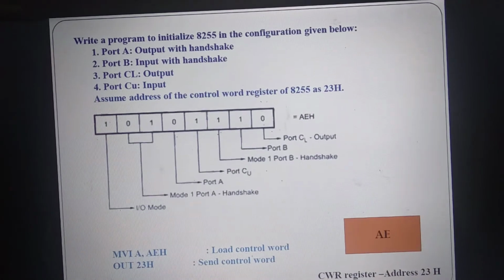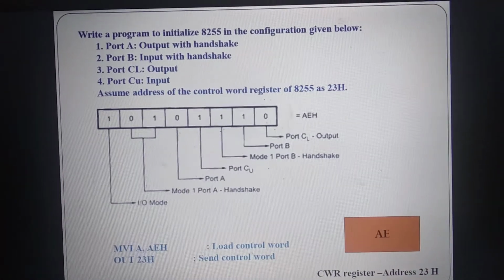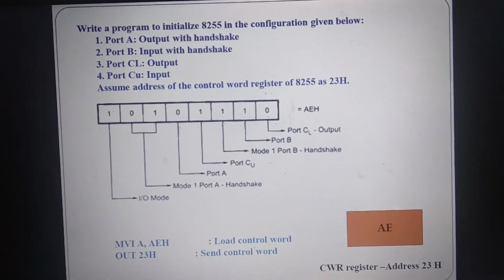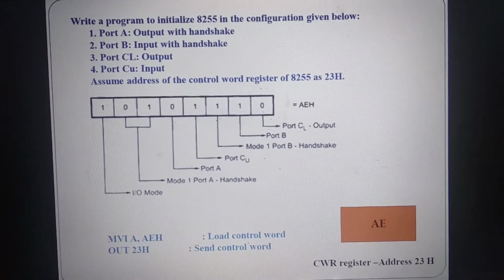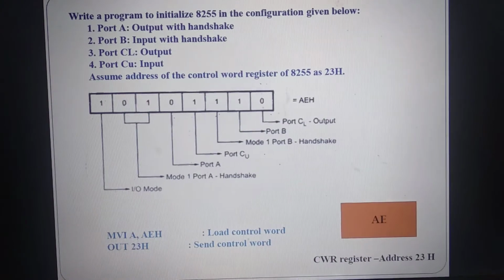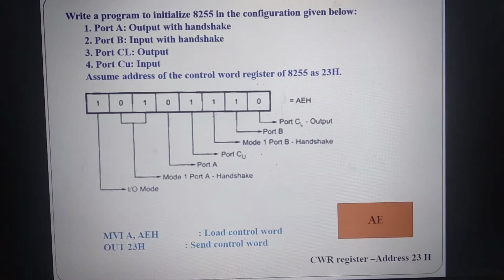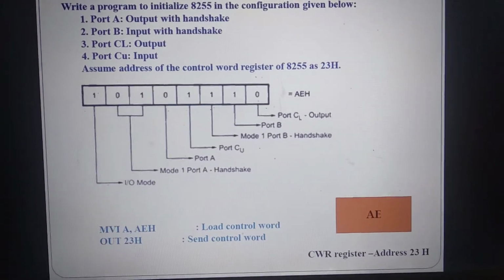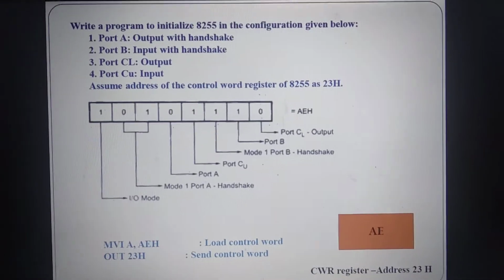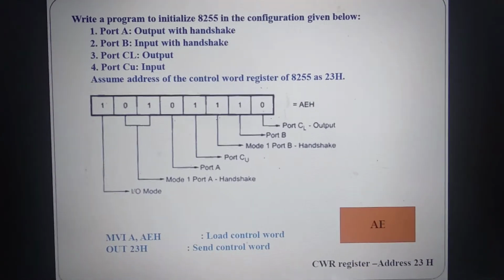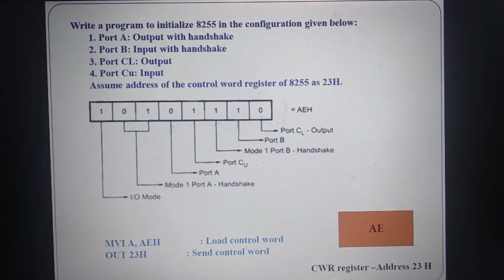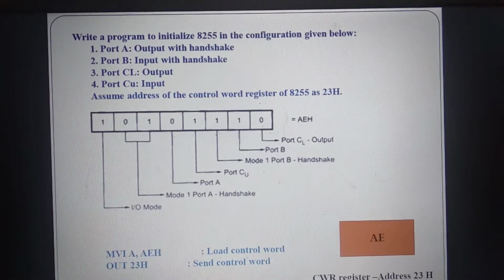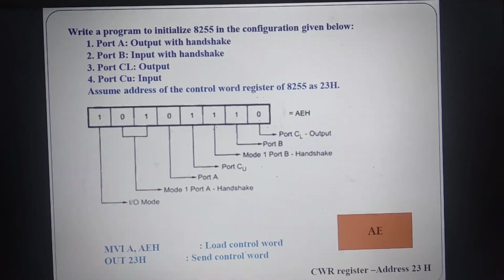Now we can see some additional information is given here, that is, without handshaking, which means handshaking is needed in mode 1. So when you go through the other details of the mode operation part, there you will see the extra additional information required for mode 0, mode 1 and mode 2 selection.